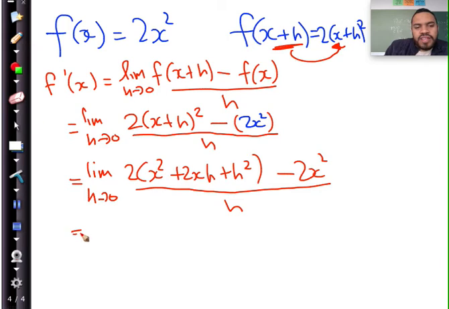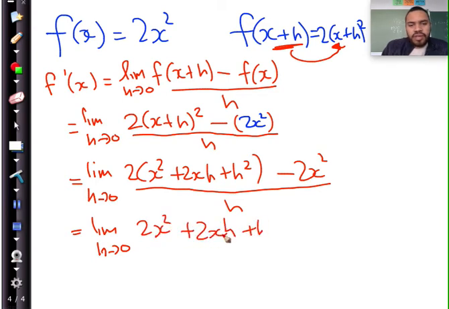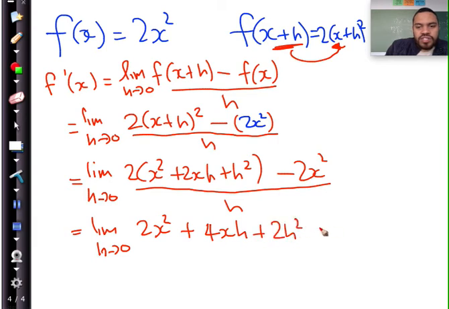I'm going to further write limit as h tends to naught of 2x squared plus, sorry, not 2xh, what should this be? 4xh plus 2h squared minus 2x squared, all over h.